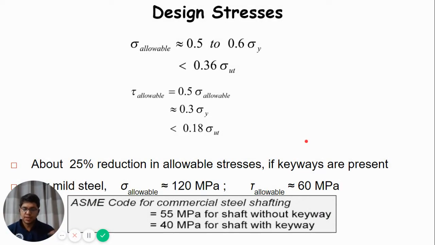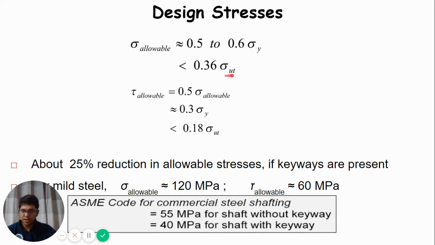Now, like we discussed, in case of fatigue loading condition you have to consider the endurance limit of the component. So you have to multiply the endurance limit of the test specimen with different factors. In order to avoid that calculation, we just use a rule here. The allowable normal stress will be equal to 0.5 to 0.62 of the yield strength of the material.